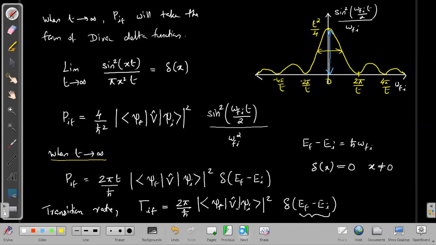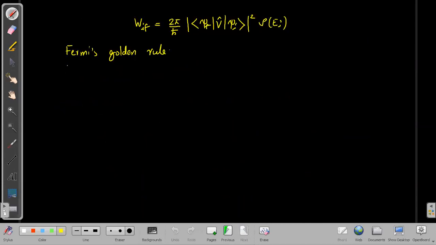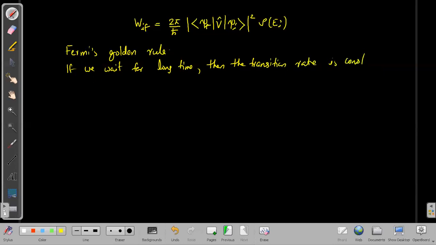So if you wait for long enough time, then the transition rate is constant for constant perturbation.